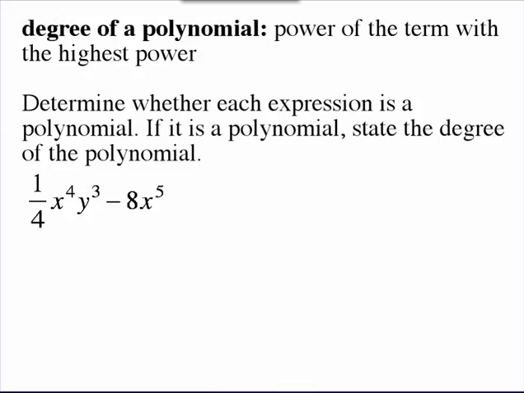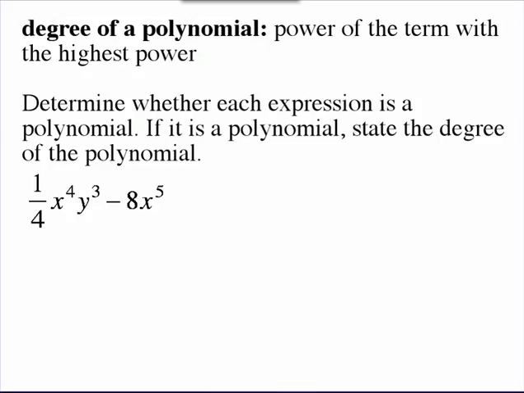So on this one, it says determine whether each expression is a polynomial. So you're probably wondering, well, what is a polynomial? A polynomial, first of all, can't have any negative exponents. The other thing a polynomial must have is terms with individual powers, and the powers must be whole numbers. So we're talking about x, x squared, x cubed, x to the 5th.